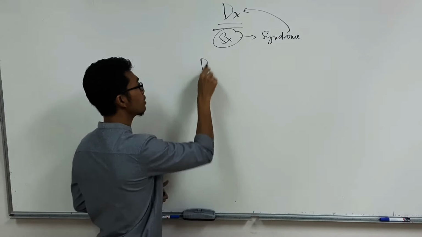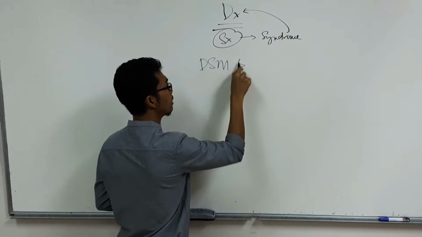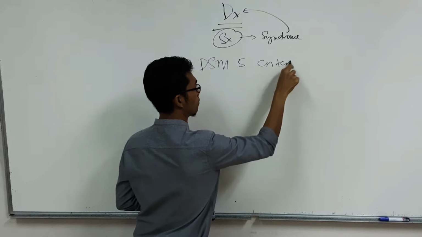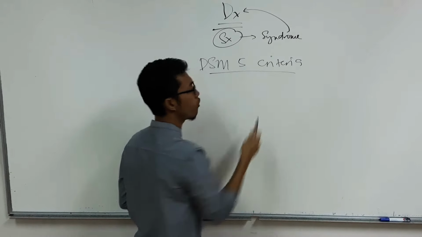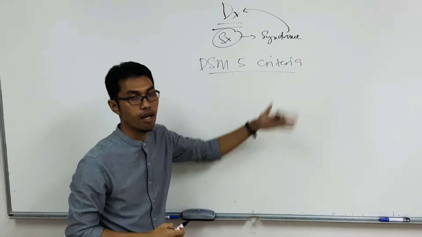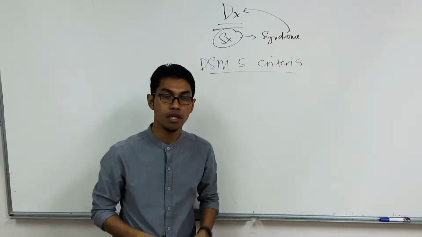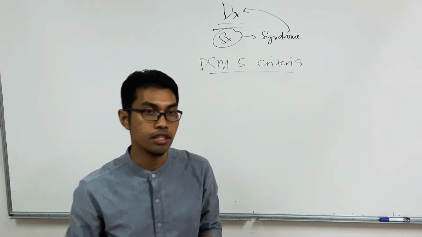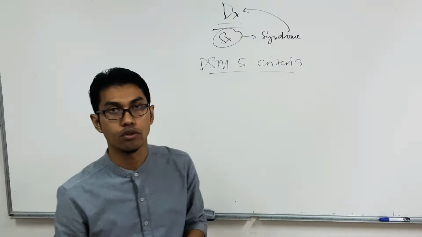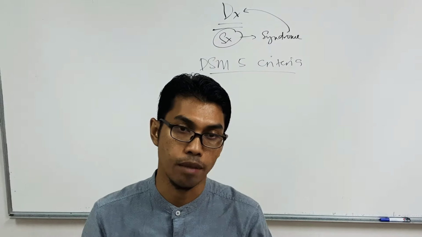For any illness, you will find it under the DSM criteria. For schizophrenia, for bipolar, for MDD. There are other classifications, ICD-10, ICD-11 for example, but for the benefit of this discussion, I'll be focusing on DSM-5 so that you'll get some idea of the concept of it.